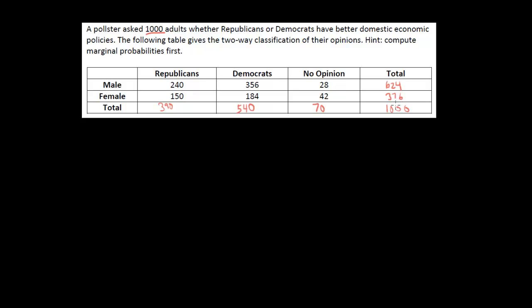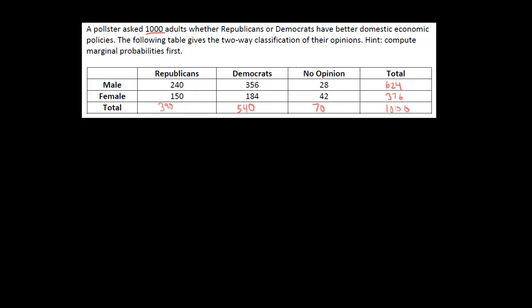Now let's see, 624 plus 376 is 1,000. So that's one way to double check yourself. If you add this total row and the total column and you don't get both times the total number of people, then you made a mistake somewhere, and that's going to make everything have wrong answers. So it's really important that you do that.